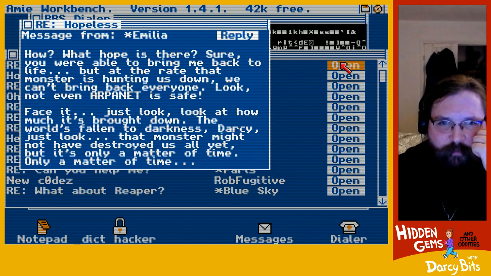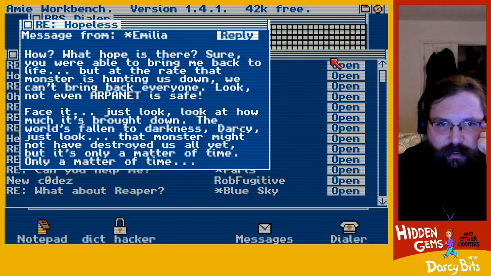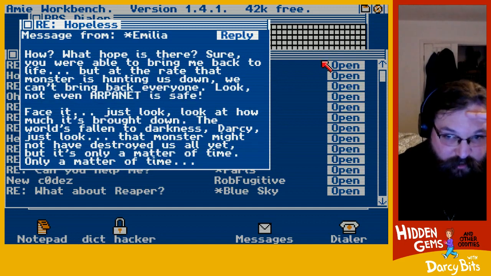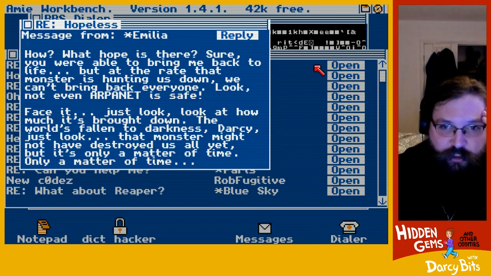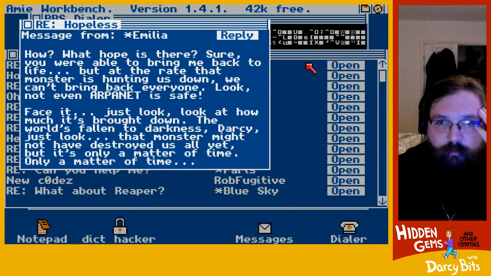Sure, you were able to bring me back to life, but at the rate that monster is hunting us down, we can't bring back everyone. Look, not even ARPANET is safe. Safe? Face it. Just look. Look at how much it's brought down. The world's fallen to darkness, Darcy. That monster might not have destroyed us all yet, but it's only a matter of time.